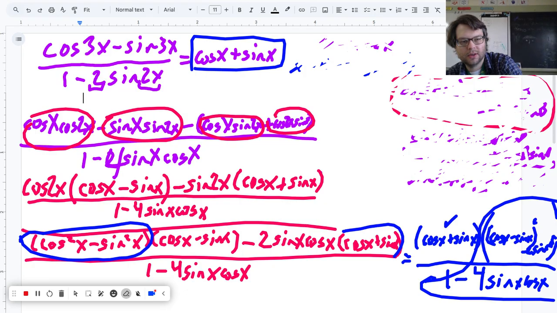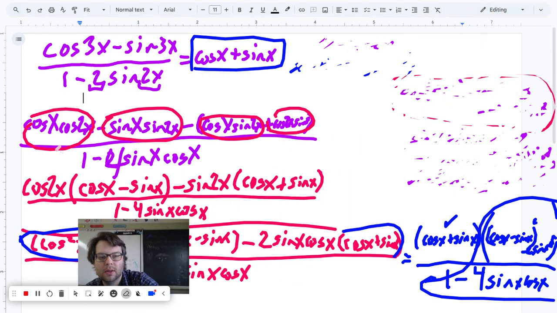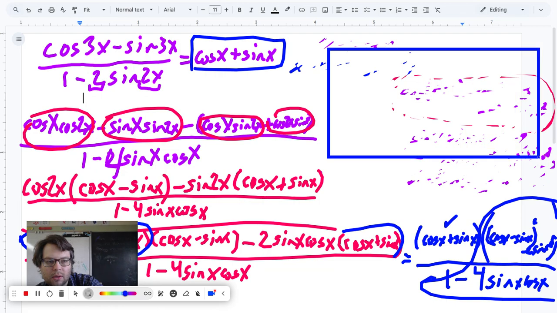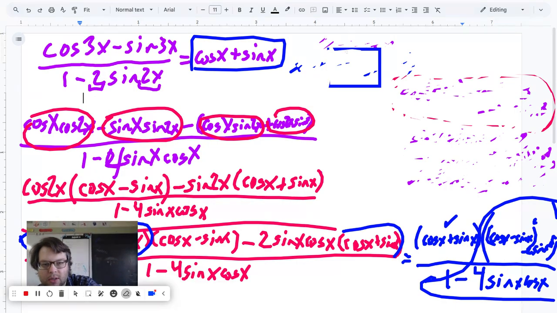And almost there. Okay, so I've got to figure out how to make this eraser work a little better. That's okay. All right. Let's see what this does. Yeah, that's great. All I need to do now is get rid of that rectangle I just drew for no reason, and then finish out my trig identity up here.